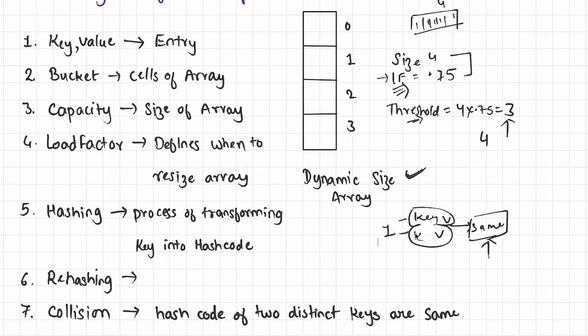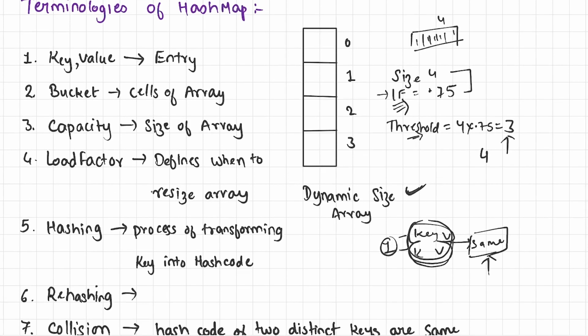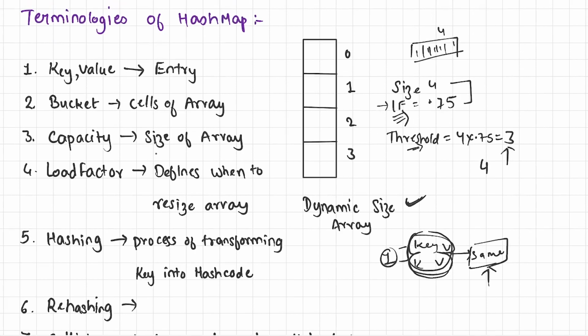Now imagine that both key value pairs generate the hash code of 1, but we have only one cell in the array that represents index 1. So how are we going to store two key value pairs at index 1? HashMap has a solution to this problem, and we will discuss it in a bit. So these are the most common terminologies that we normally use in the context of HashMap.